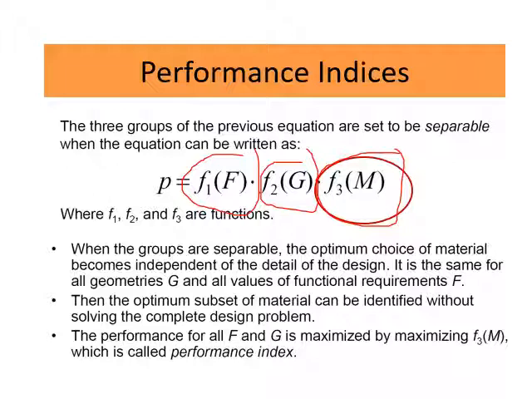This means the optimum selection of a material is independent of the details of the design. It is also the same for all geometries and values of functional requirements. Thus, the performance P can be maximized by maximizing function 3, which is the material performance index. So you optimize this one, and then overall you optimize the other functions.